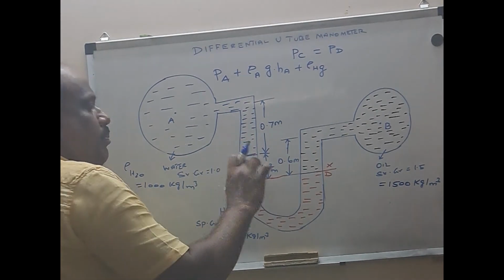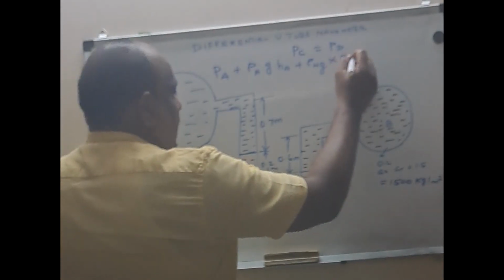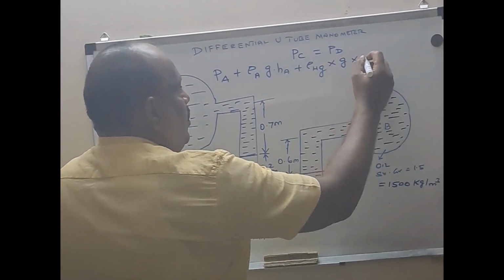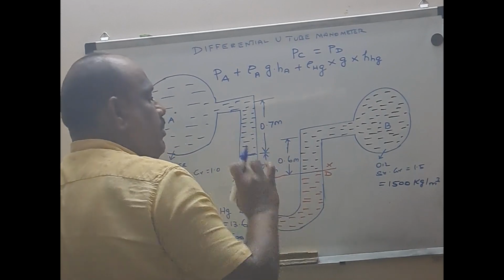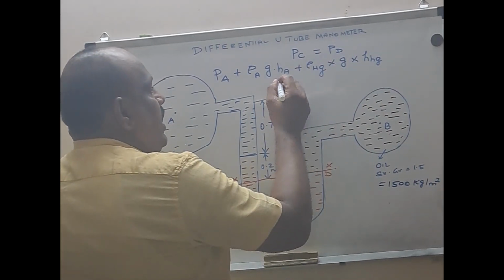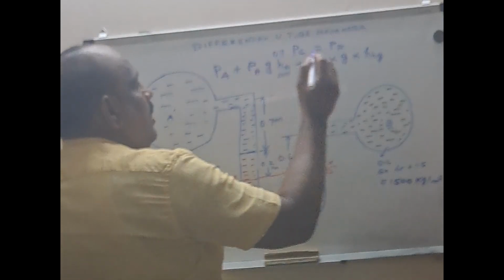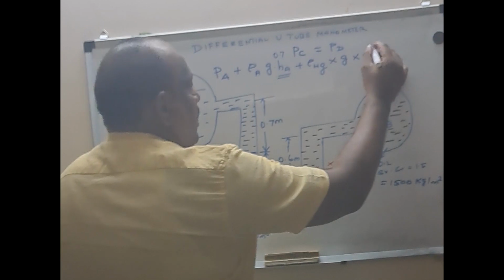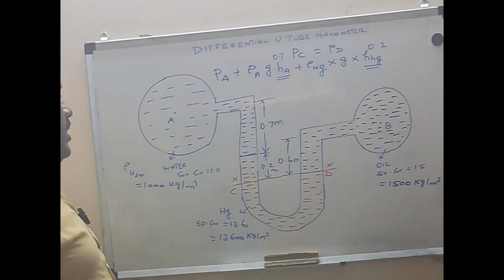Then 0.2 is there, so rho of Hg into g into this 0.2, or H of Hg. H of Hg is nothing but the height of the mercury column in the left hand side limb, which is equal to 0.2. So this value is equal to 0.7 meter, and this value is equal to 0.2 meter. So this is the left hand side. I hope it's very clear.